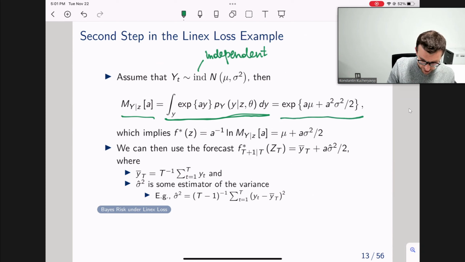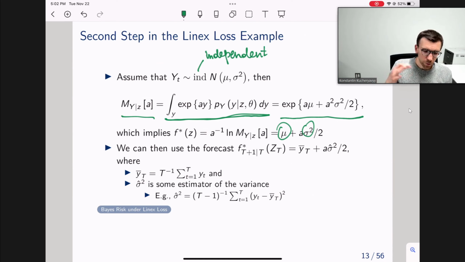And so that implies that ultimately our decision rule depends on the mean and variance of the data generating process, if our assumption about the data generating process is correct. Again, the mean and variance are features of the data generating process.